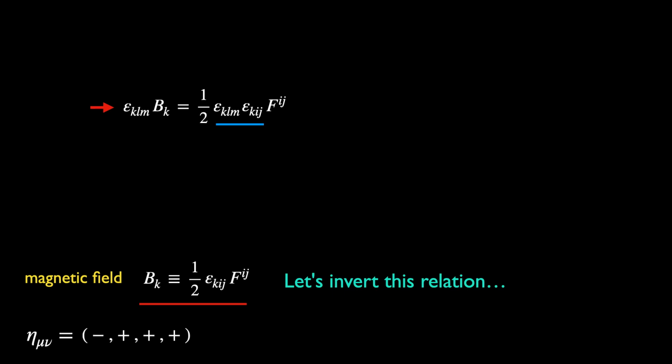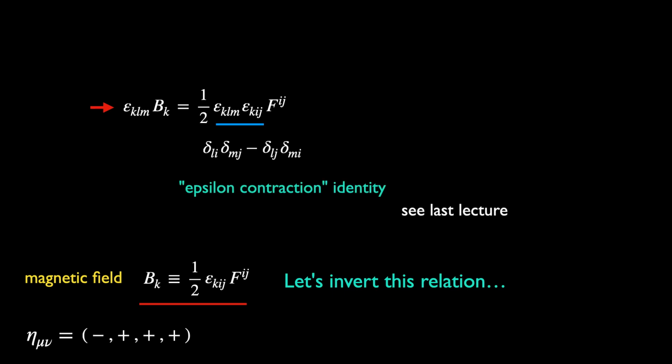Here, we can use our old friend from the last lecture, the epsilon contraction identity. Evaluating all the delta symbols, we have, again using the anti-symmetry of F, our result.